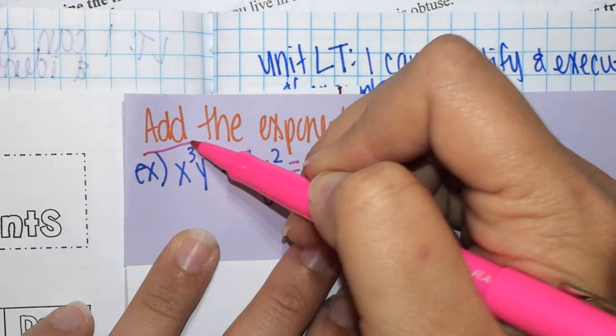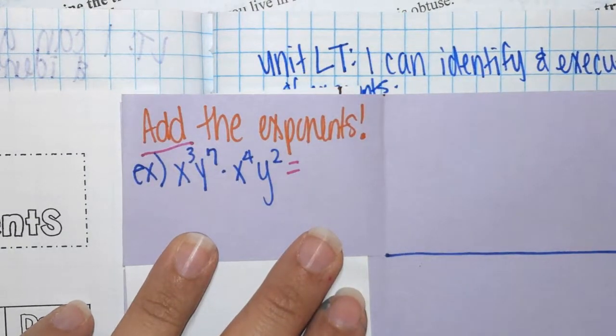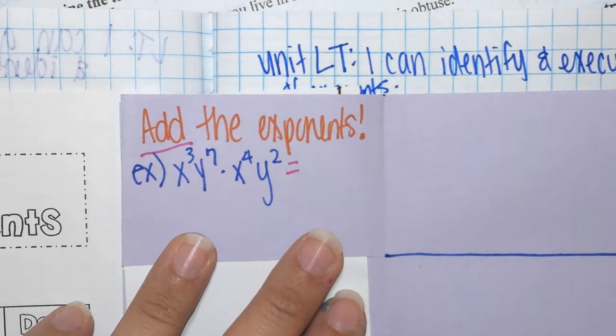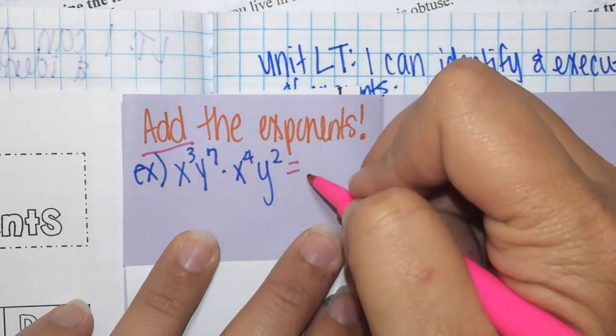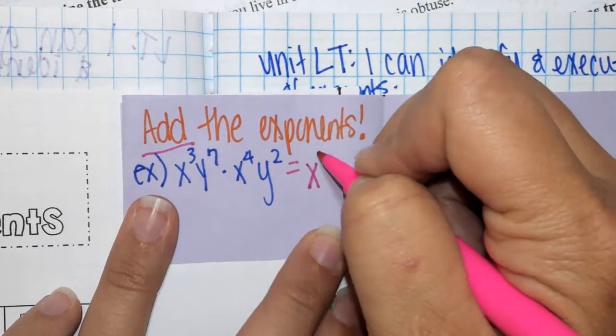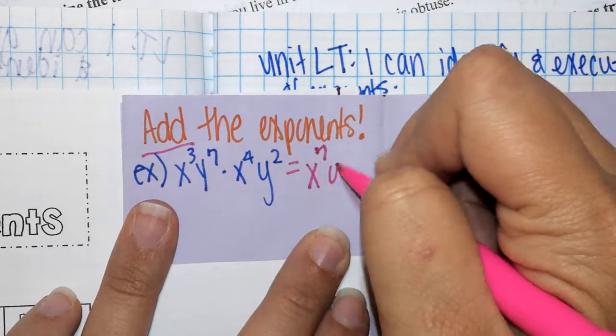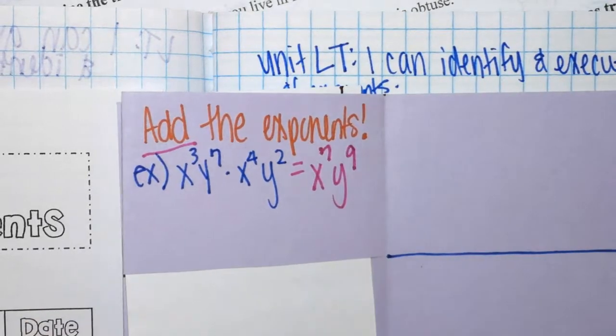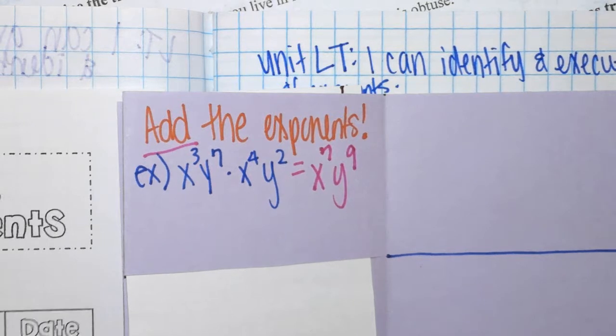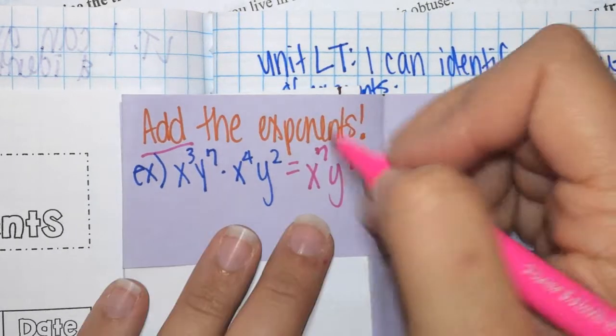Adding, because it says add right there. So when you multiply like bases, what do you do to the exponents? So what's 3 plus 4? 7. And what's 7 plus 2? 9. Take a point. And that's your answer. You're done. That's all you do.